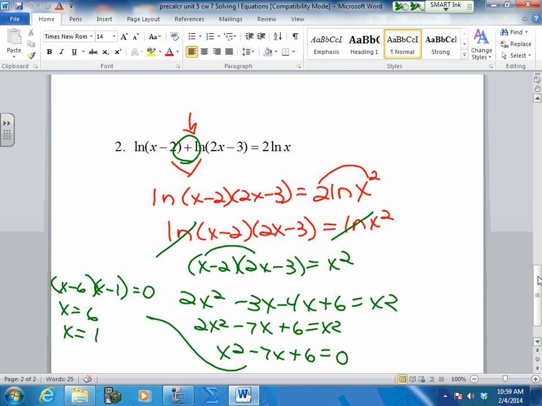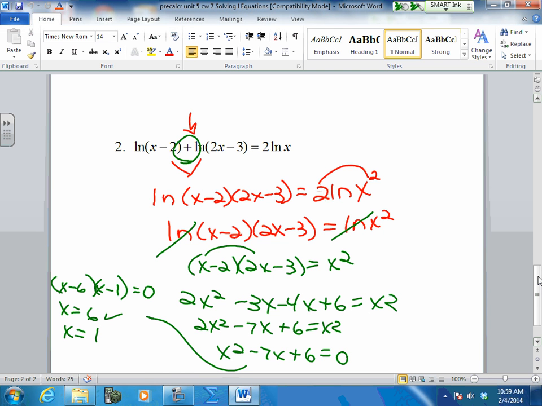Now you have to go back and check. You cannot take the log of a 0 or a negative number. If one of these gives you a negative or a 0, you can't do it. So I'm going to check my 6. 6 minus 2, 4. That's good. 12 minus 3, 9. That's good.